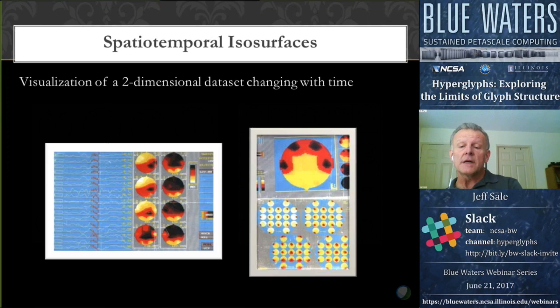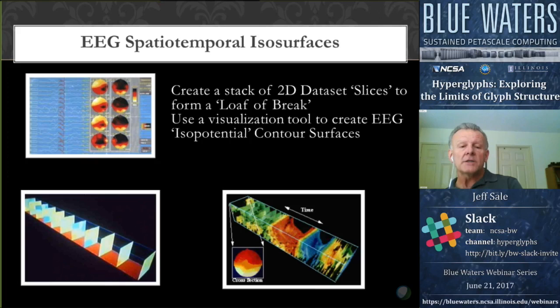But it's difficult with a high number of small multiples to really put an image together. So I had the idea of piecing those 2D topographic brain maps together into a stack or a loaf of bread and use the feature of isosurfaces in many visualization tools, including AVS, to visualize volumes of electrophysiological data.